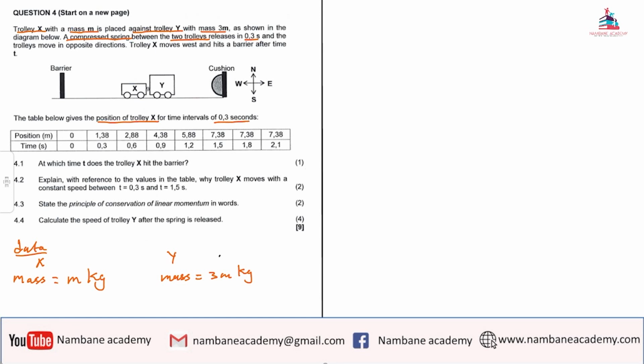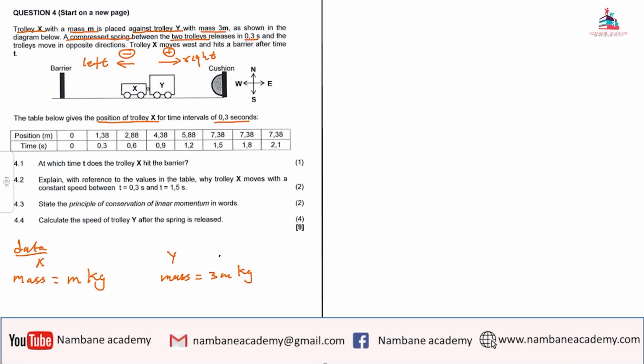So it means Y will move in this direction and X will move in this direction. But because we are working with a vector quantity, what must be done? We must state a choice of direction. So we are going to choose plus to the right and then automatically minus to the left.